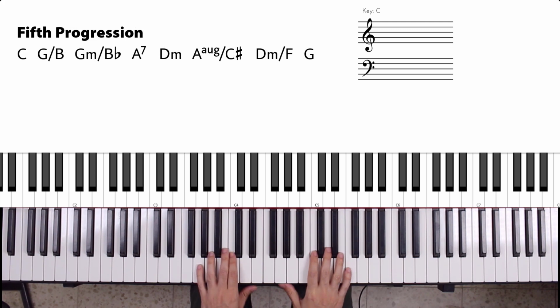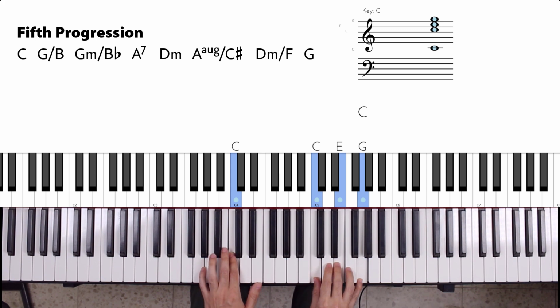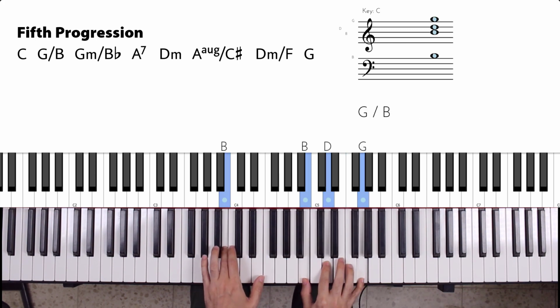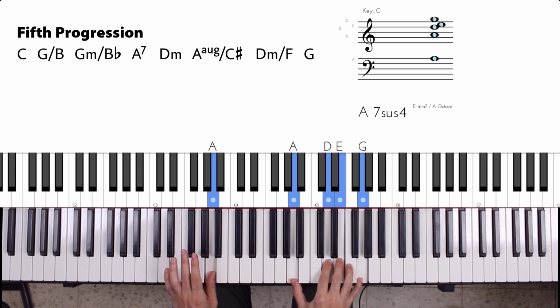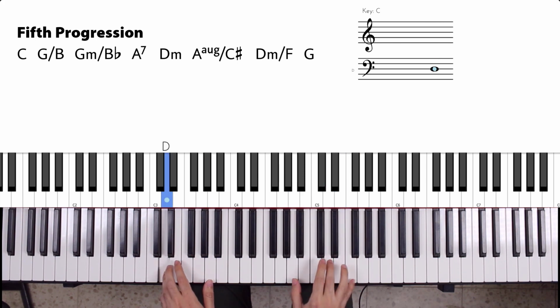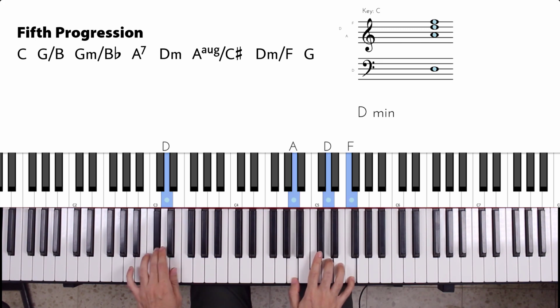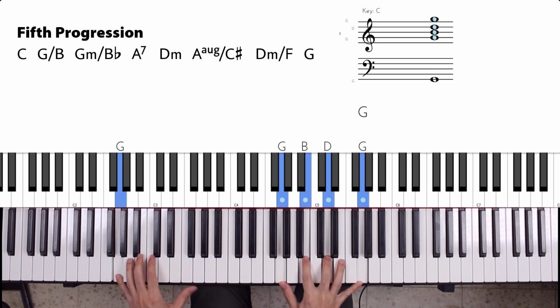The 5th chord progression we're going to go through is the following. A C major, a G over the bass of B, G minor over the bass of B flat, A dominant 7 sus2, which immediately resolves to an A dominant 7, and then a D minor, A augmented, C over the bass of C sharp, D minor over the bass of C, and G major.